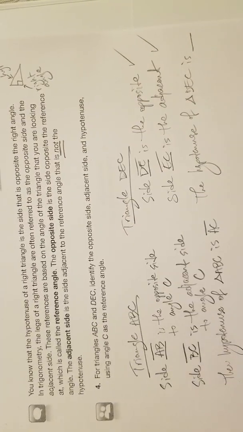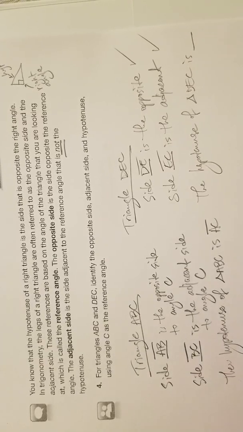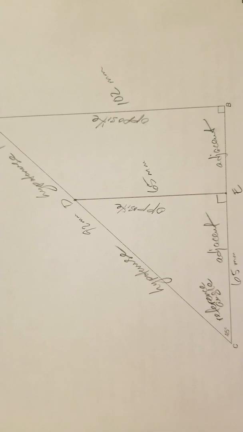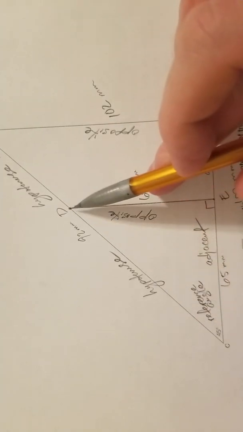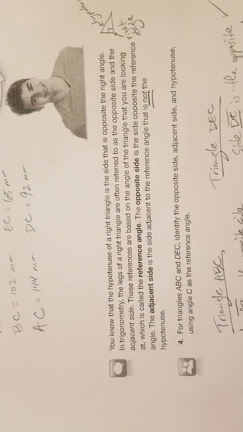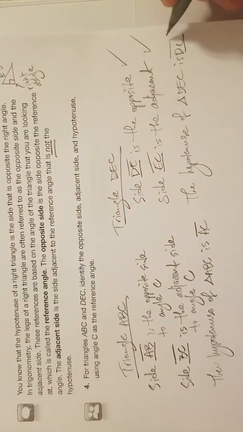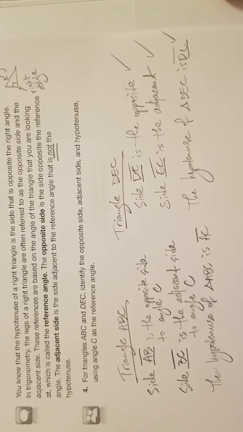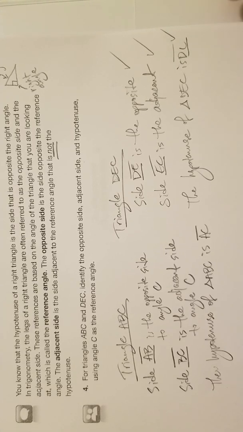And then the last one, write down which side is the hypotenuse of triangle DEC. Okay, let's check. The hypotenuse is always opposite the right angle, so the hypotenuse will be DC. If you put DC, give yourself a little check. All right, now that's page 659, and now you can identify the opposite, adjacent, and hypotenuse of a right triangle.